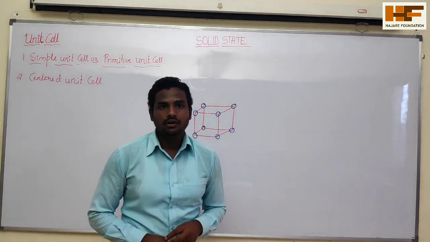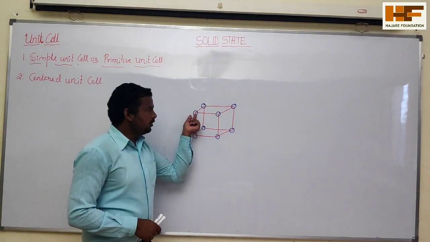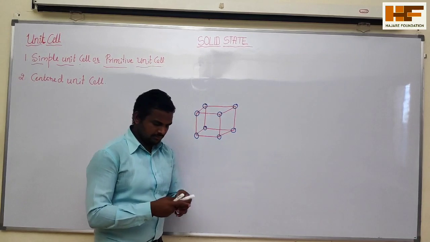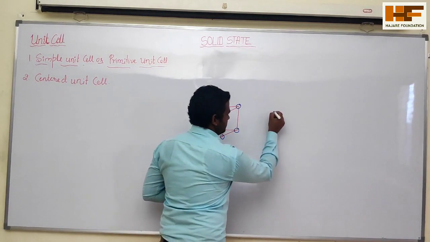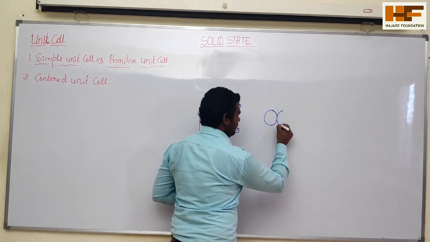In the last class you already studied lattice point. Lattice point means, suppose you consider the atoms, they are arranged like this. There is a regular arrangement in a crystalline solid.